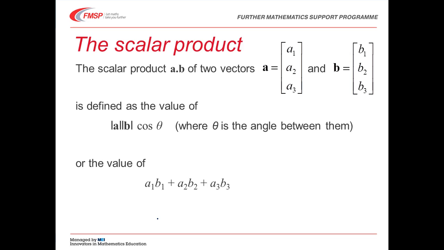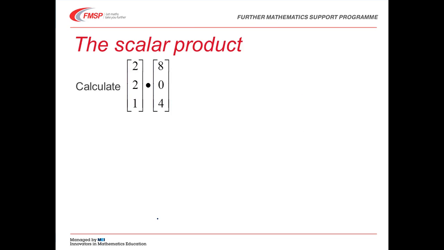These two definitions are equivalent. So we can calculate the scalar product in a very simple way. It's just 2 times 8 plus 2 times 0 plus 1 times 4. That's 16 plus 0 plus 4, which is 20. Easy.